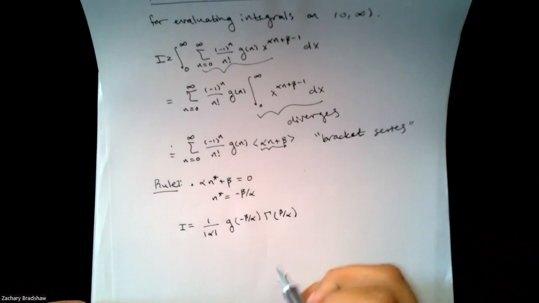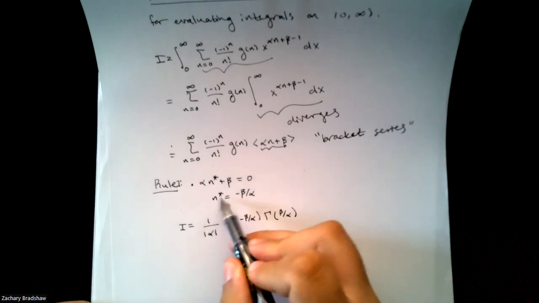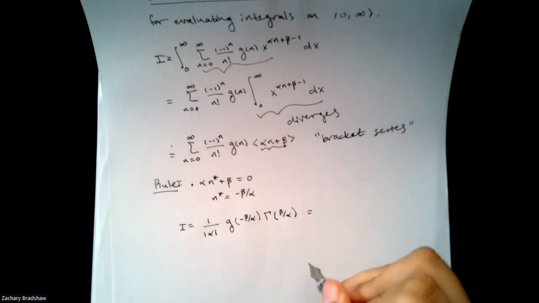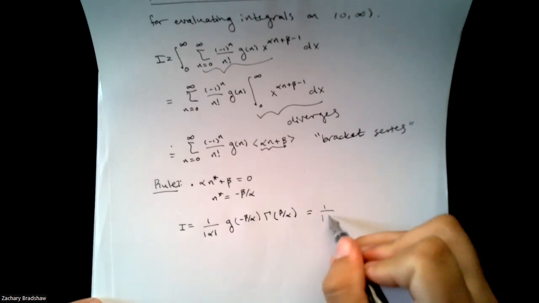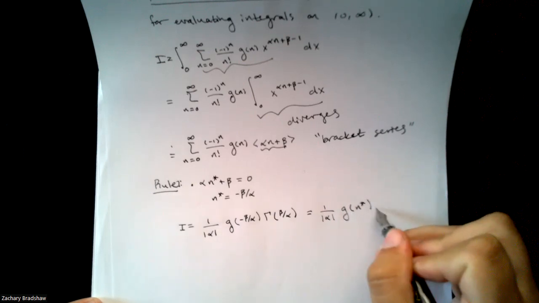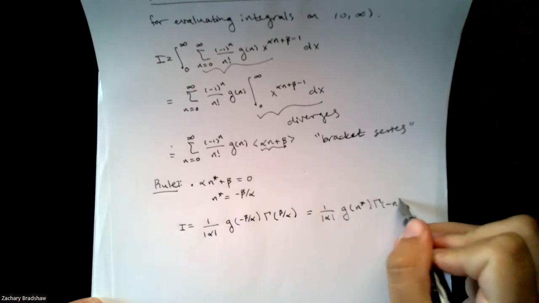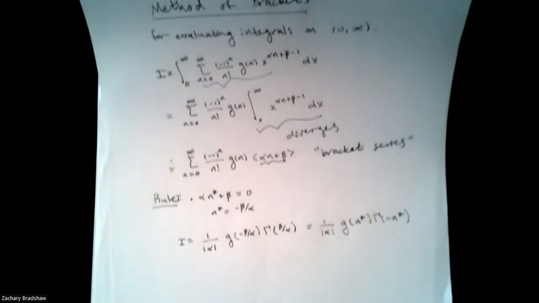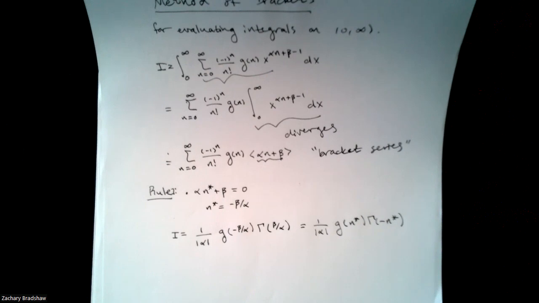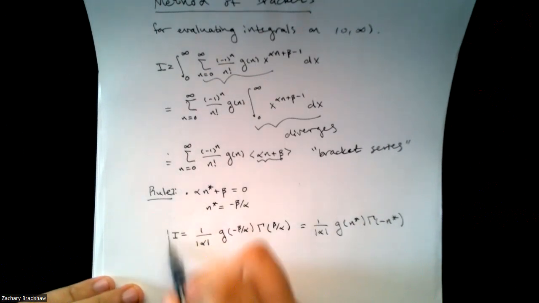So in general, what I probably should have said here is that this is 1 over the absolute value of alpha, g of n star, gamma of minus n star. The reason I change it to this other form is because when we talk about the multidimensional case, this will be a convenient form to work with. Okay, anyway, but let's work with this for now.